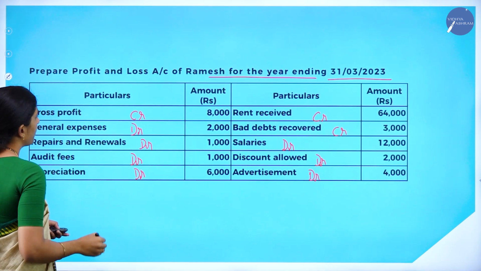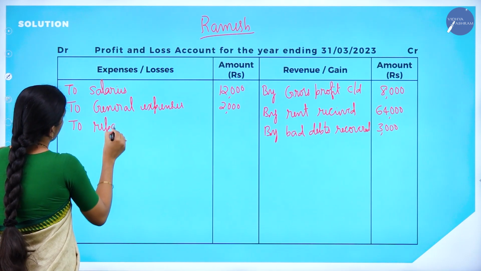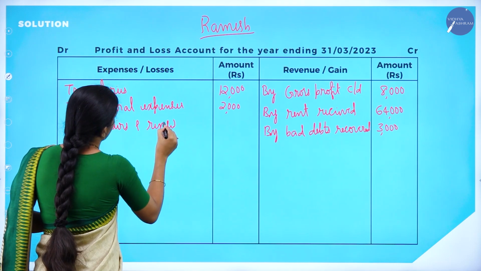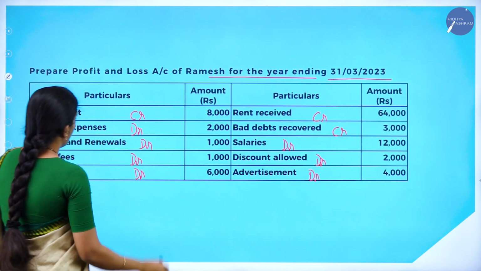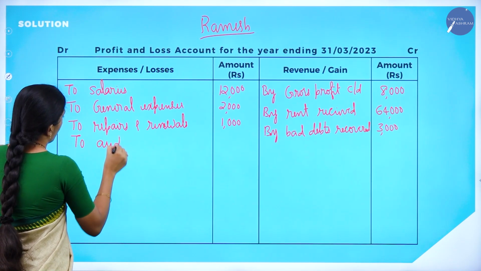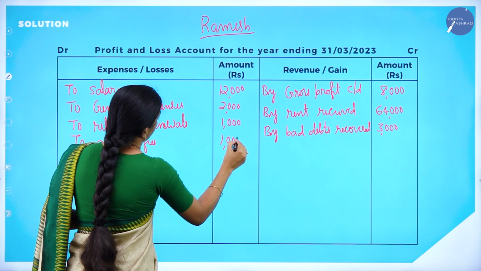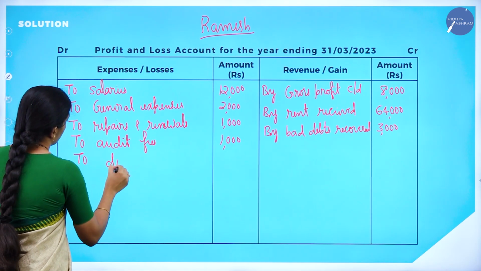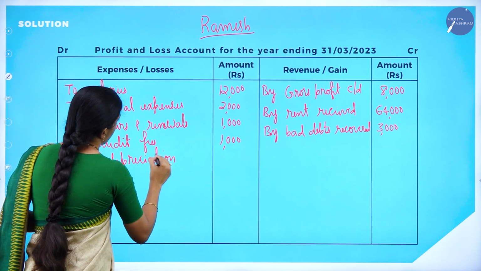Next we have to repairs and renewals, 1,000. And next to audit fees, 1,000. Then to depreciation, 6,000.